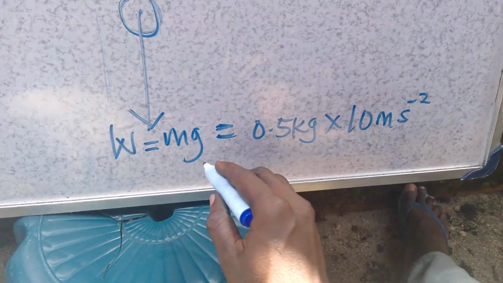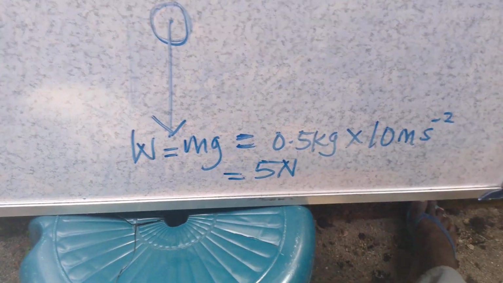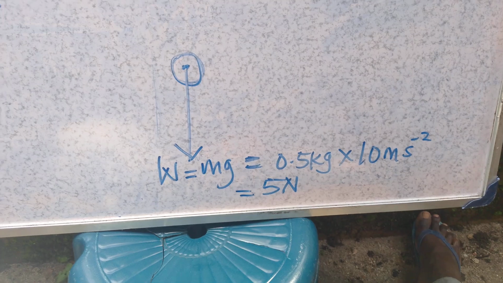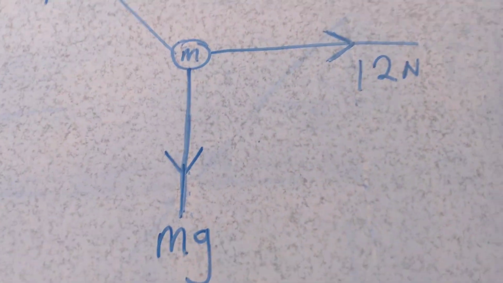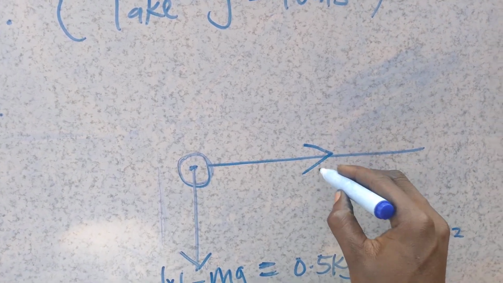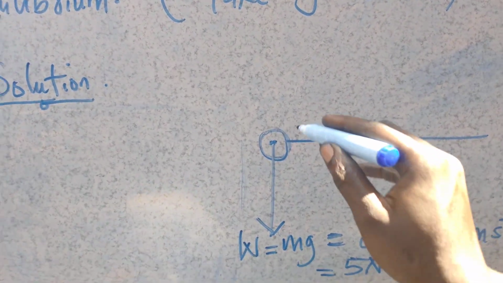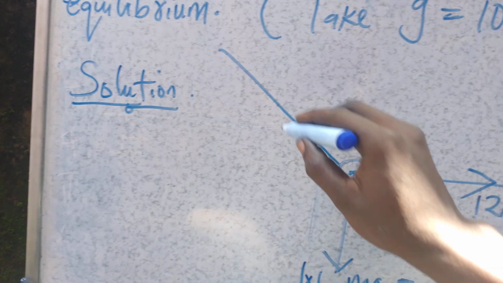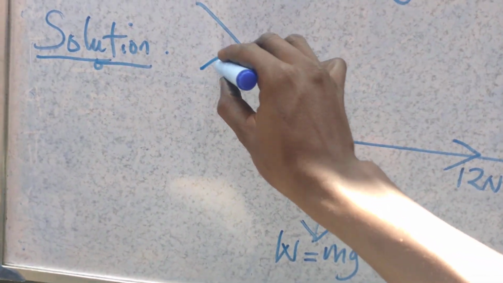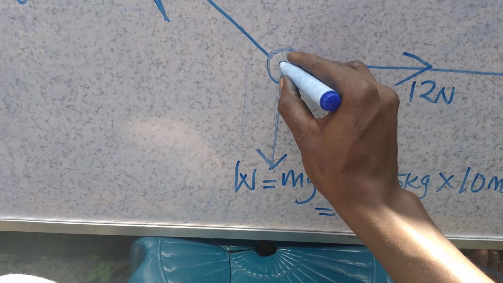If I multiply that, I'll have 5 Newton as my weight. Then you draw the horizontal force, which is 12 Newton, and the tension going diagonally, that's tension force T on this other string. So we use the triangle of forces to solve.